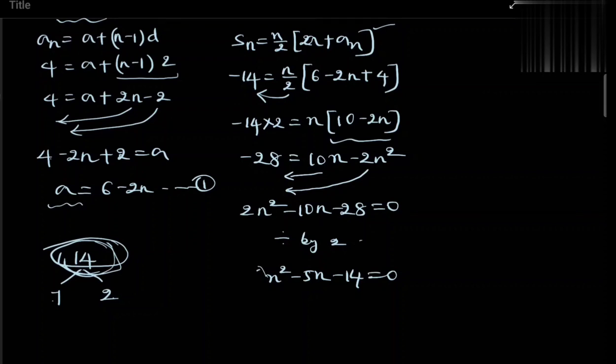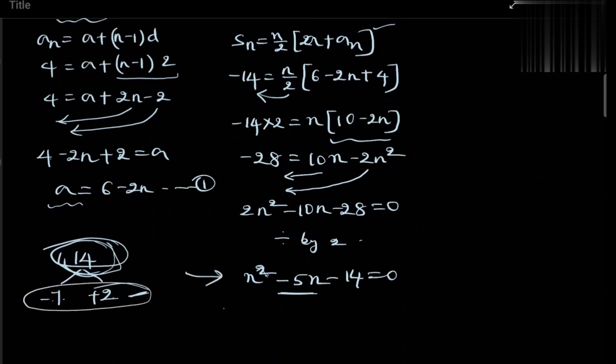Next, when we add these two numbers, we have to get minus 5. So write it here, n square minus 5n minus 14. When we add these factors, we want to get minus 5. That is here minus, here plus. So minus 7 plus 2 means minus 5. Therefore, these are the factors for this equation.